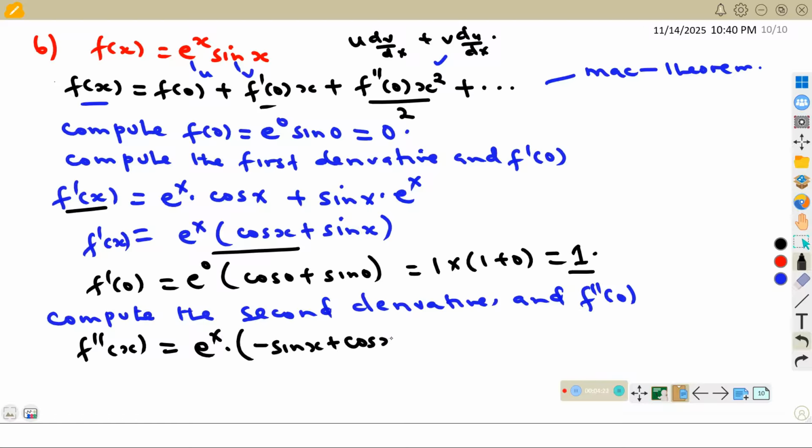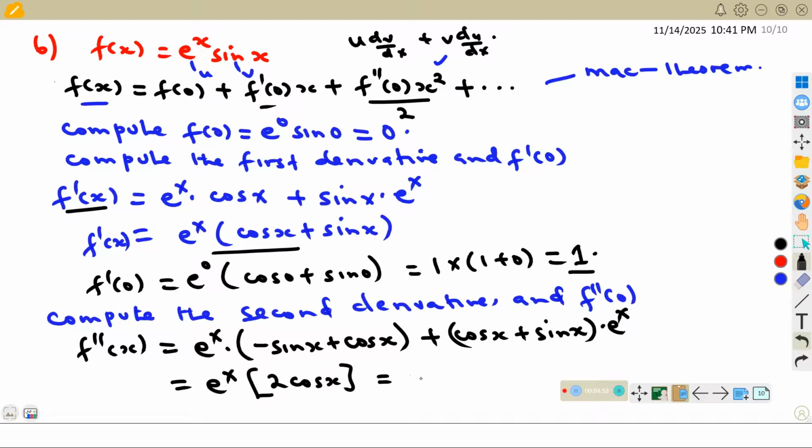And then next we shall have our u, which is cos of x plus sin of x, and we shall differentiate e to power x, which remains e to power x. So basically that is what we shall have. So you realize that e to power x will still be the same, so you will simply add this, sin x will cancel, you get 2 cos of x. So this will give us 2 e to power x cos of x.